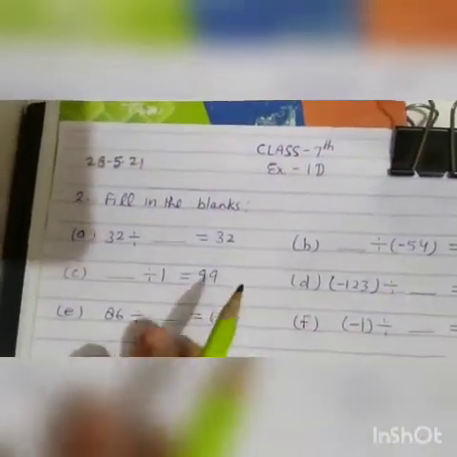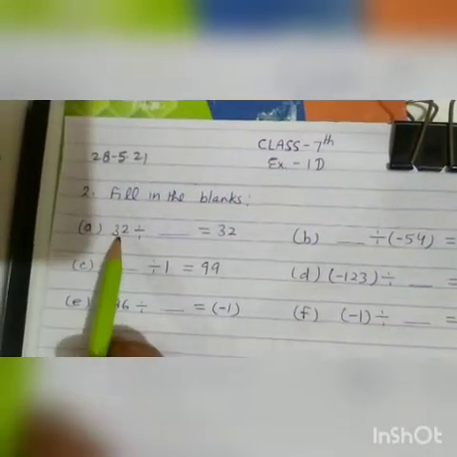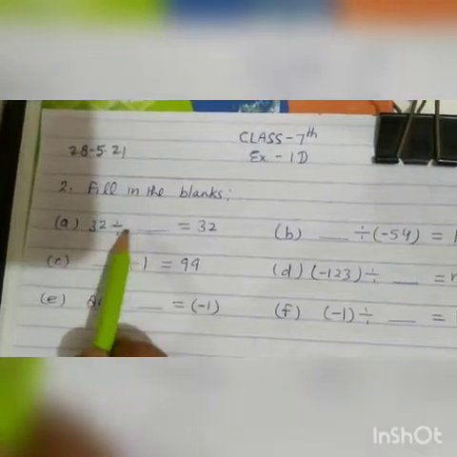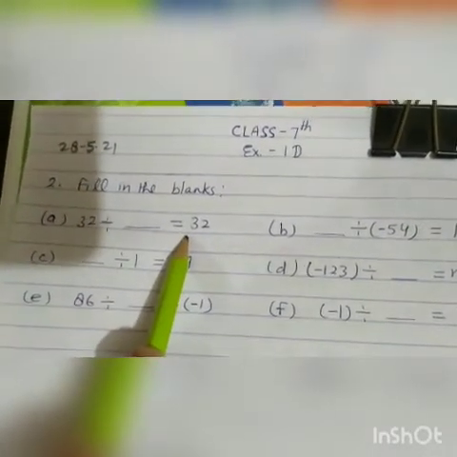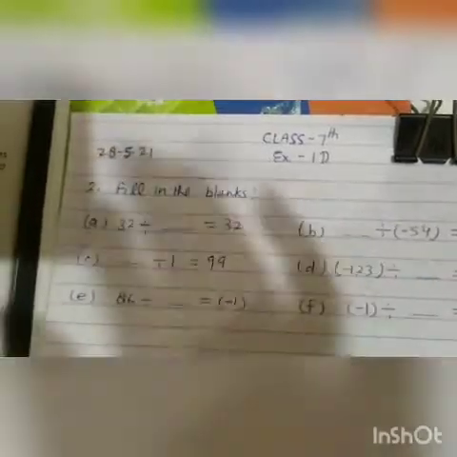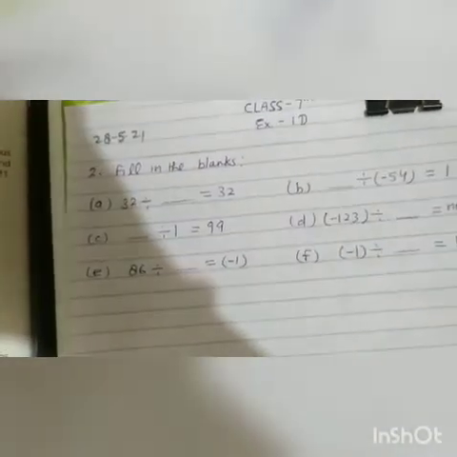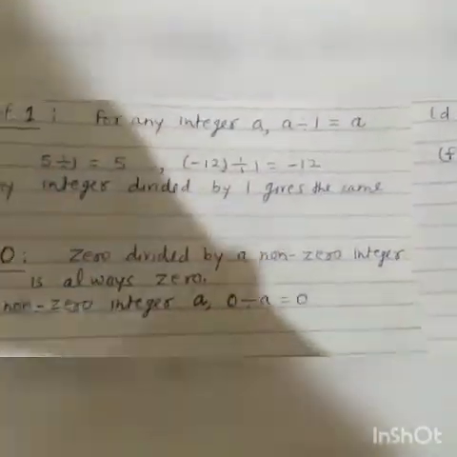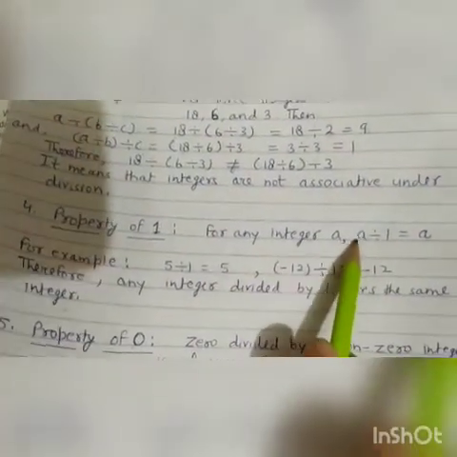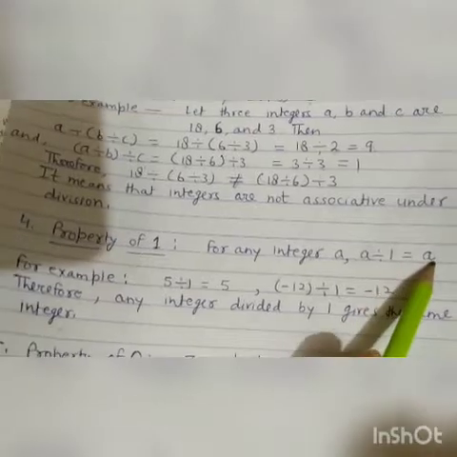I have copied this question also here. See. Fill in the blanks. 32 divided by blank equals 32. Which property will we use here? See. Property number 4. For any integer a, a divided by 1 is equal to a.